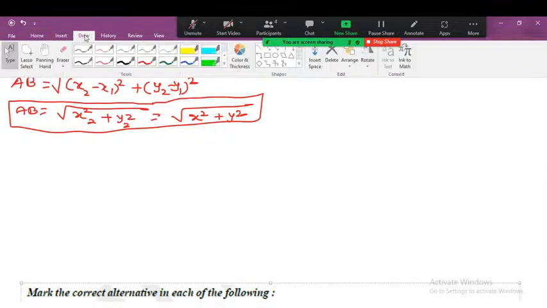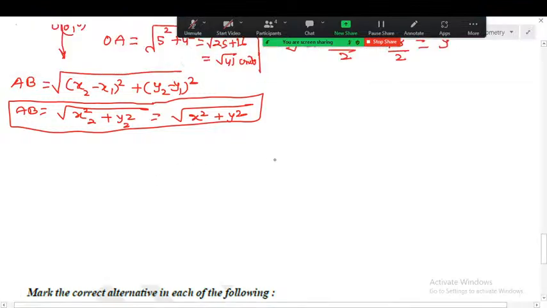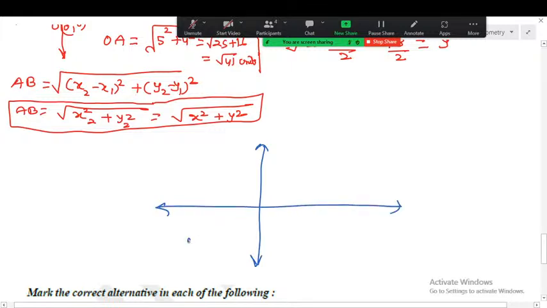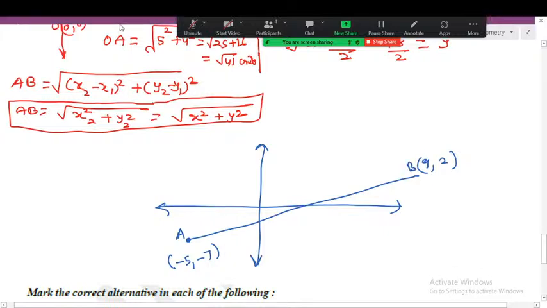Let's say I have a two-dimensional geometrical plane where I have a point in the third quadrant, let's say -5, -7, and another point in the first quadrant, let's say here somewhere 9, 2. And I want you to find out this distance. Can you find out this distance?